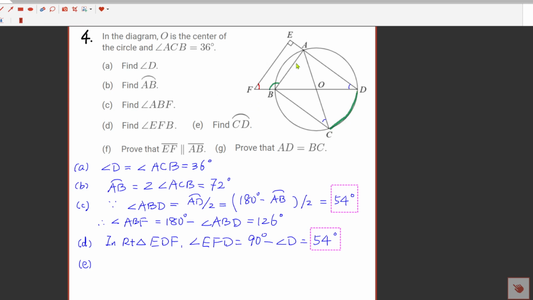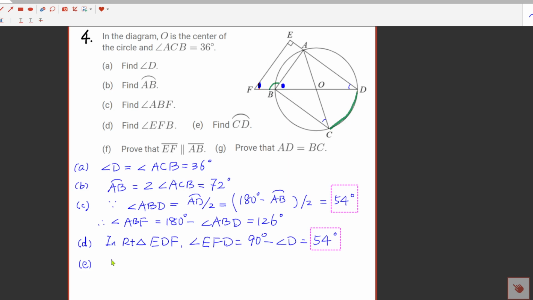So we know angle ABD (54), angle EFD 54, right? As you can see here, that indicates EF. Oh, sorry. That's question F. We haven't finished question E first. Okay, let's finish question E first.